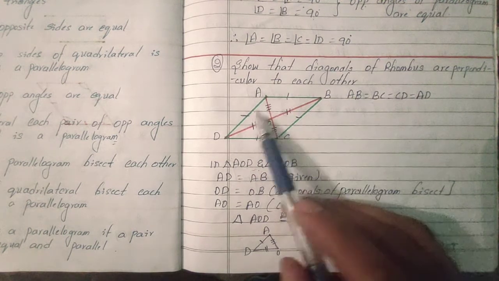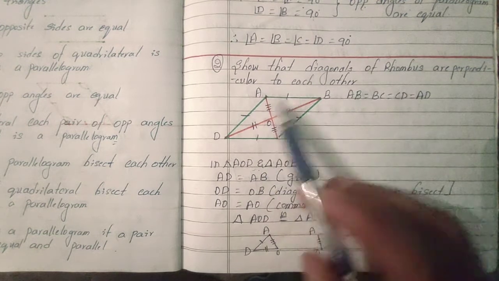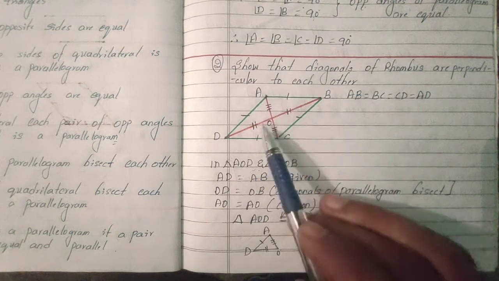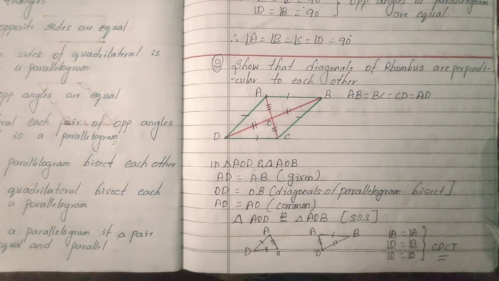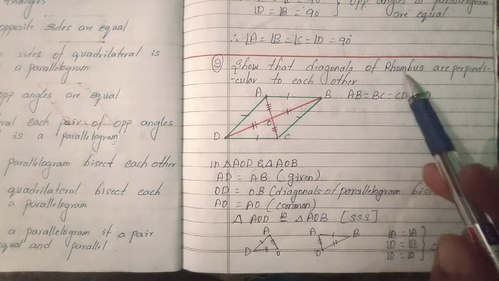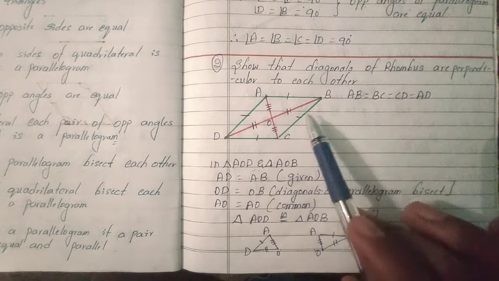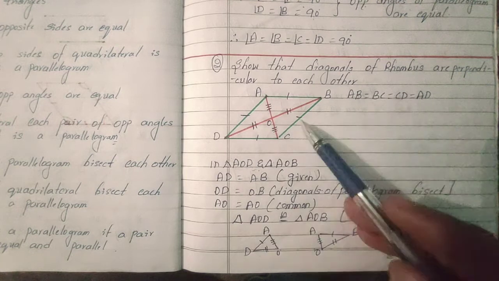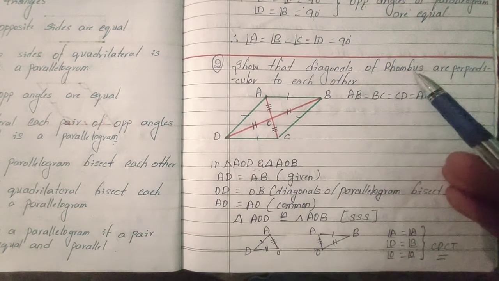Why are they equal? These are the sides of the rhombus. All are equal. These 2 are equal. This is a common side for these 2. And I know that diagonals bisect each other in a parallelogram. Yes or no? Sir, you are not talking about a parallelogram, it is a rhombus. No problem. A rhombus is obtained from a parallelogram when all the 4 sides are equal.